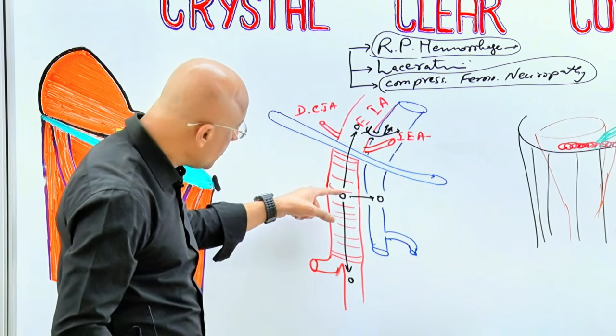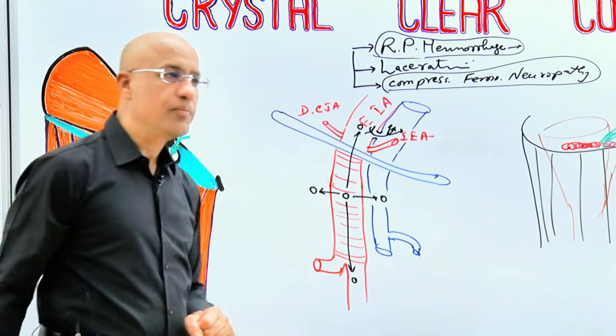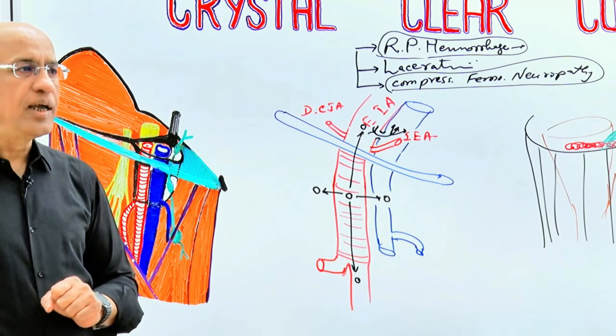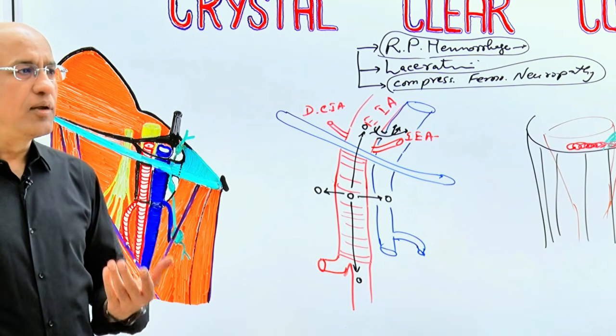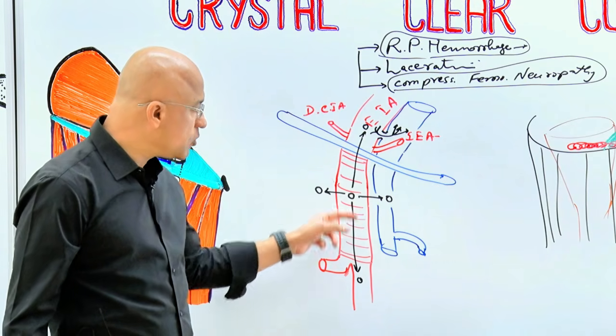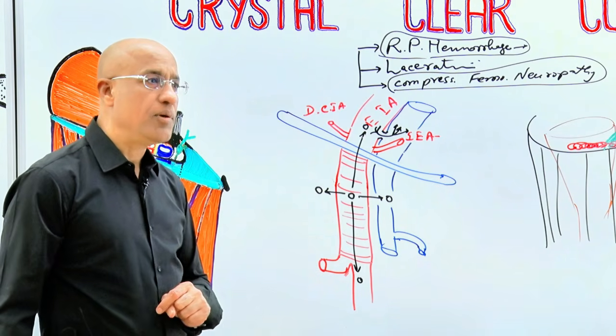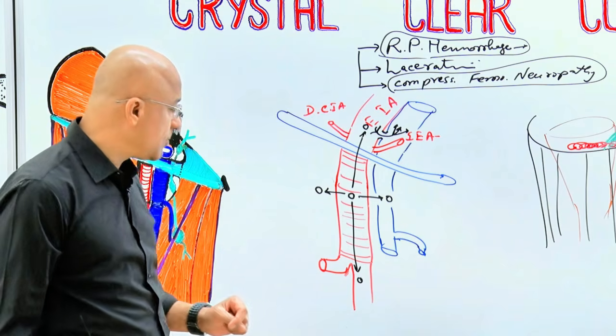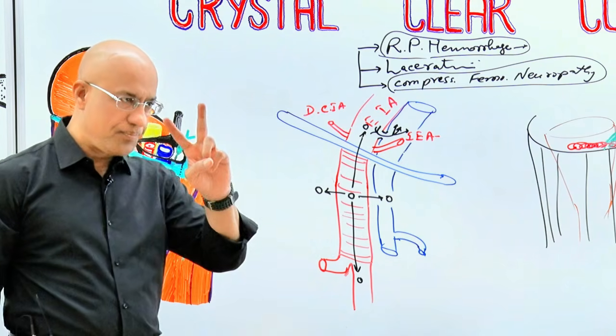Now we come to if puncture is too low. When we say that unfortunately someone has made the puncture too low in the femoral arterial system, two problems will occur.